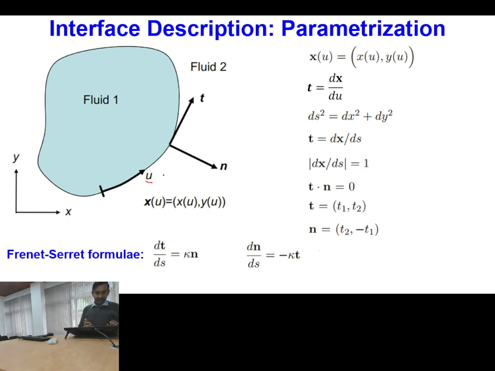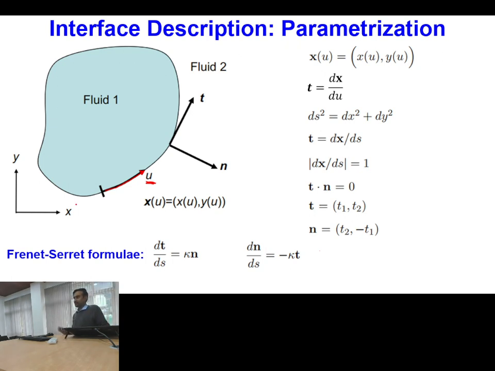So what I have done is assume that this is my fluid 1 and this is fluid 2, so this black colored line is nothing but the interface. Over this interface, this particular direction is the parameter u. So it means parameter u is perfectly aligned with the shape of the interface.